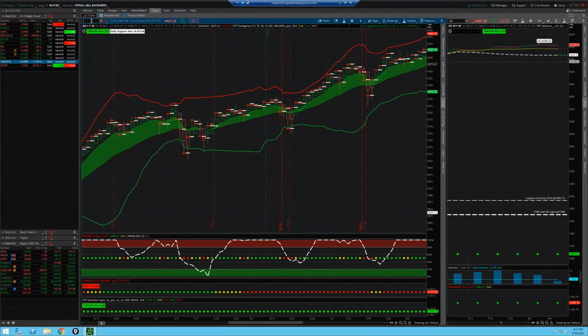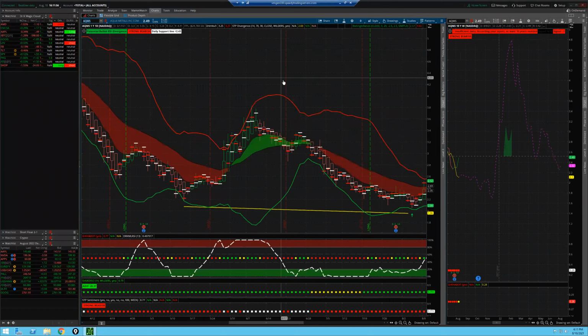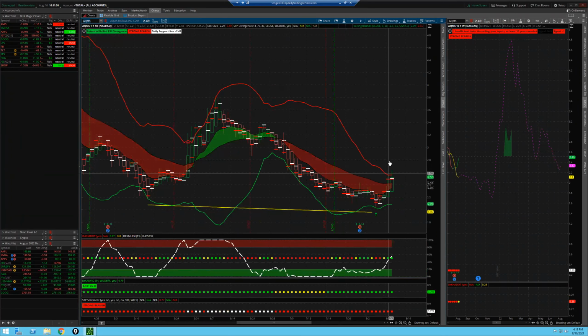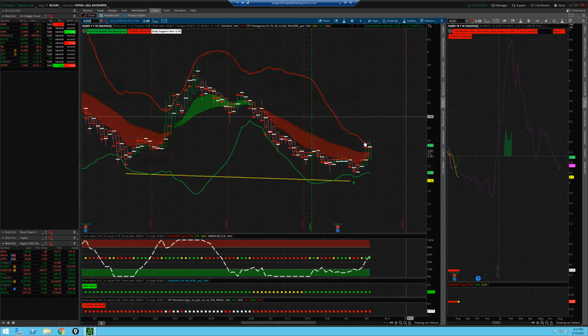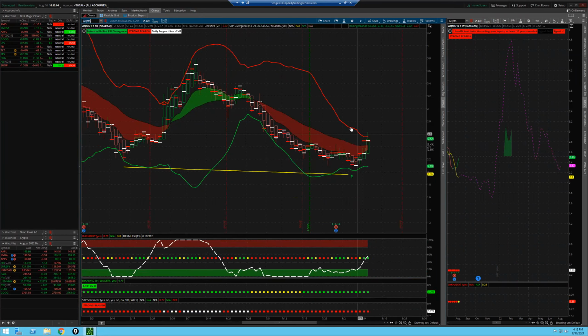Sure. Let me look at one more for Alan. Alan, hope you're doing well. AQMS. So here's where it's breaking above. This is the interesting thing, right? Great example, Alan. So we don't know yet. We don't know if this 2.5 standard deviation is going to be support, or I should say resistance, where it's going to come back down, or if this ends up going up and turning green, then you're back into an uptrend.